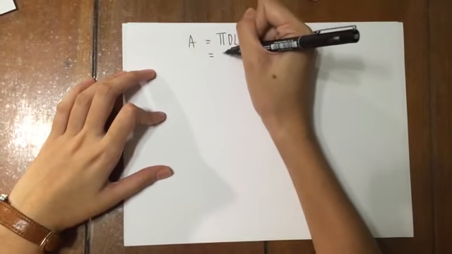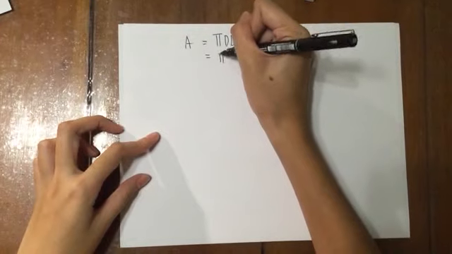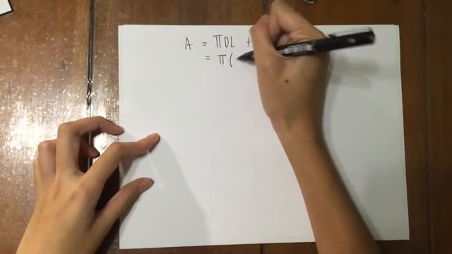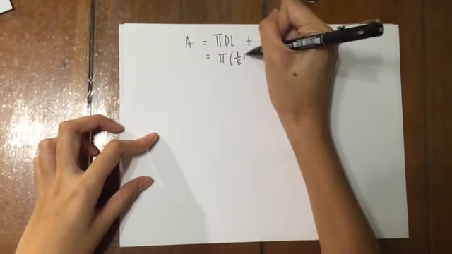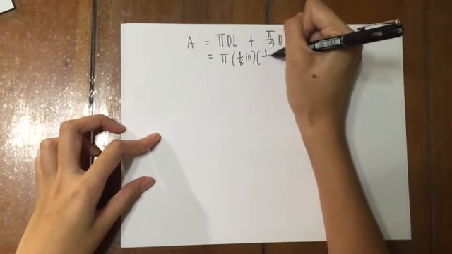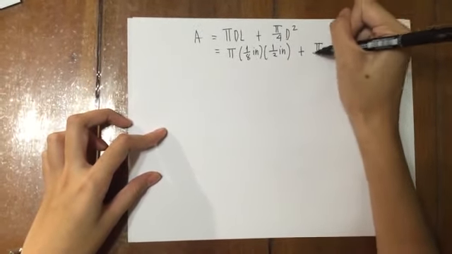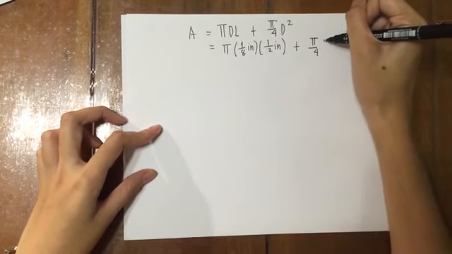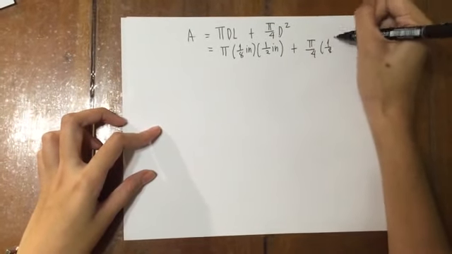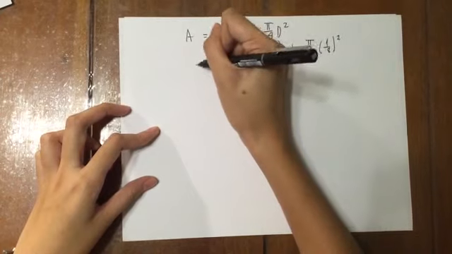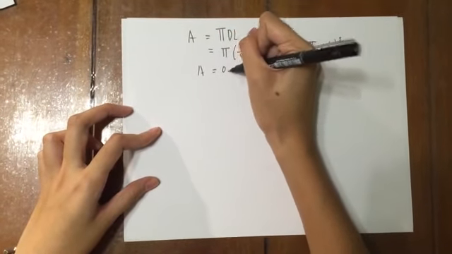So now we will compute pi times the diameter, which is 1/8 inch, and the length is 1/2 inch, plus pi over 4 times d squared, which is 1/8 squared.